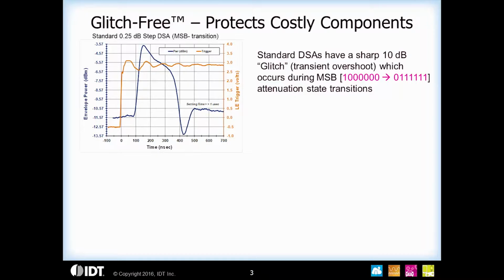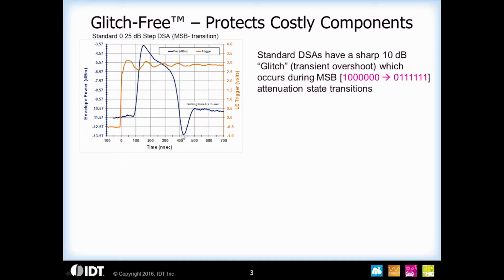Standard DSAs have a sharp 10 dB glitch, which occurs during MSB attenuation state transition. As you see on the slide, going from minus 11.5 dB attenuation to minus 11.25 dB attenuation, there's a huge glitch.